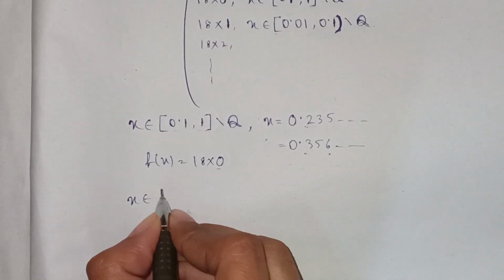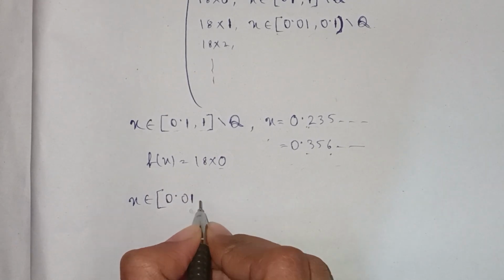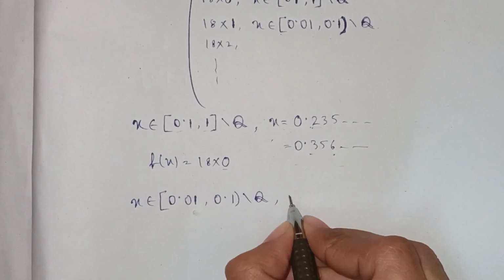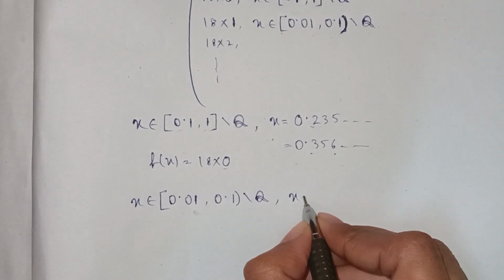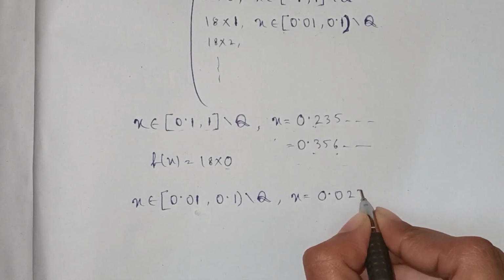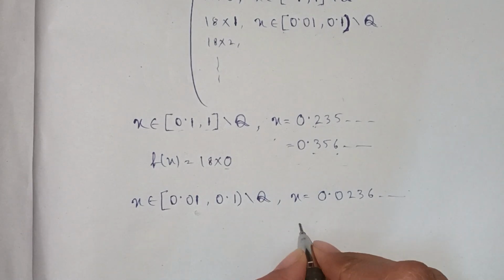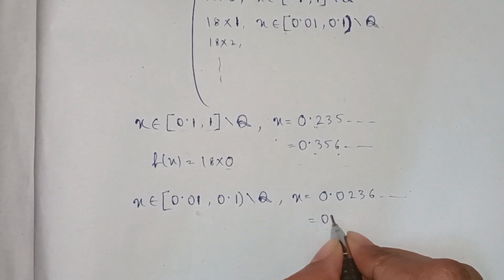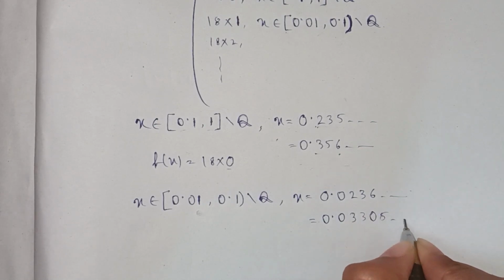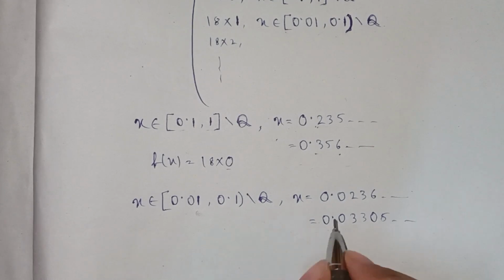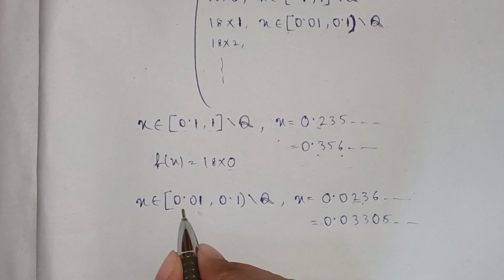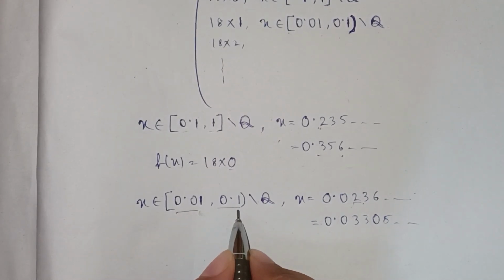When x belongs to (0.01, 0.1) minus Q, in that case x will be what? x can take the value 0.023..., after that 3, 6, whatever. x can take the value 0.03305 whatsoever, etc. These numbers lie between these 2 points, right?